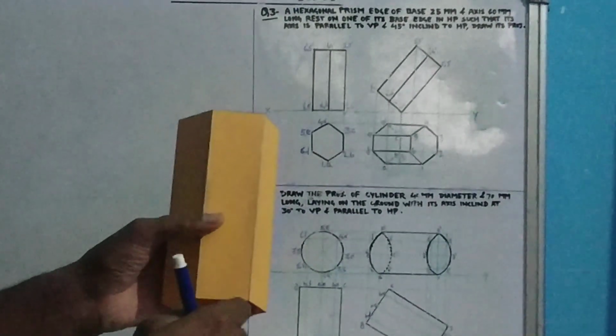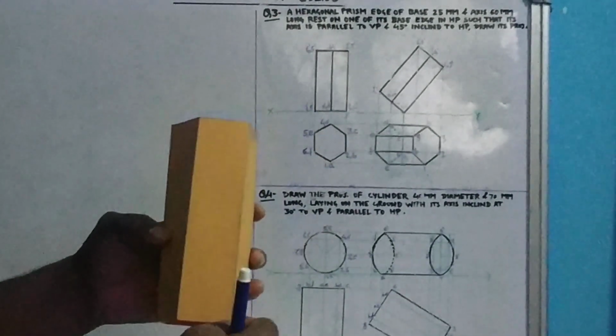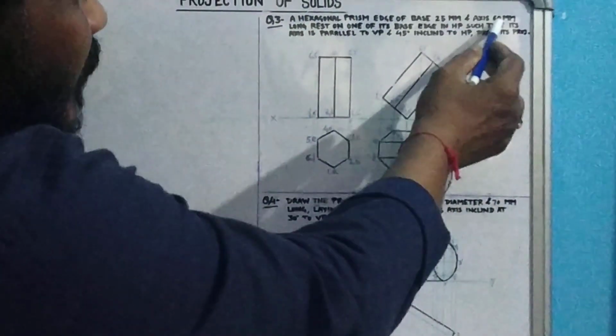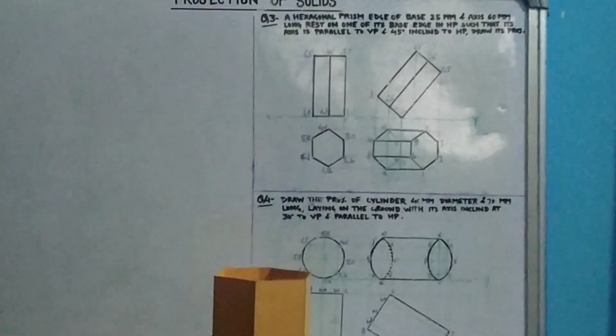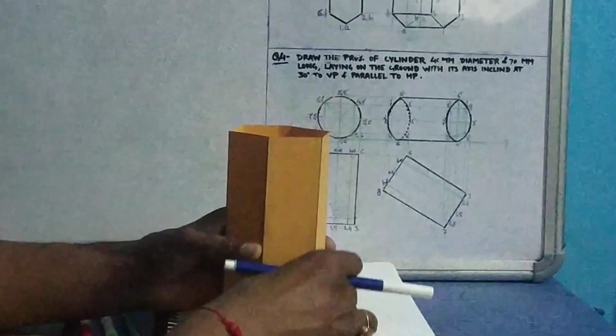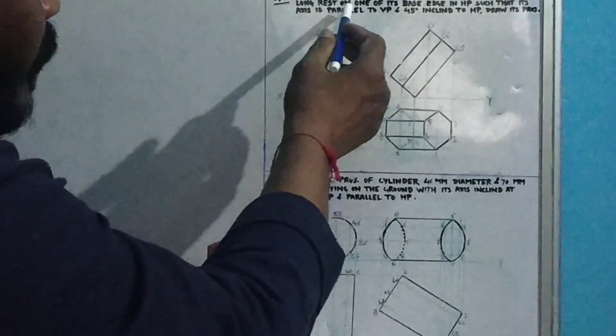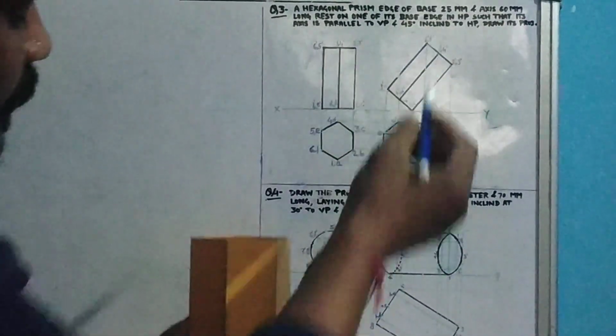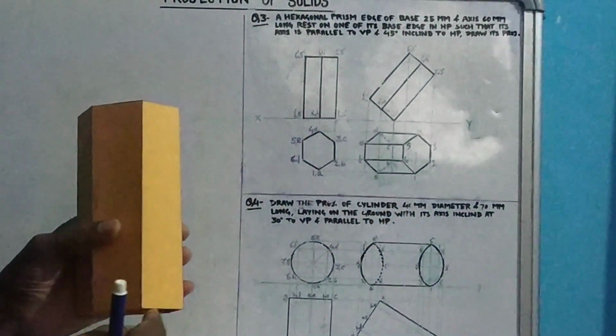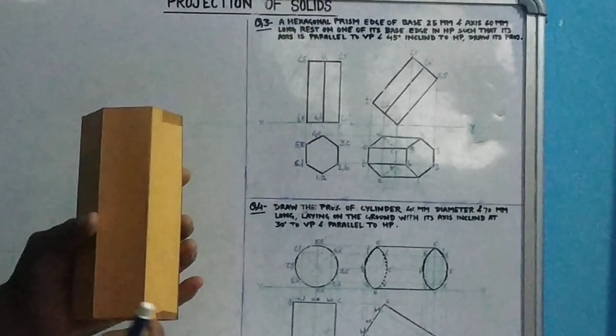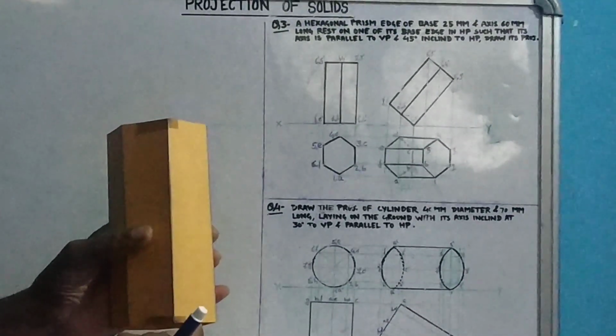The edge of the base is given as 25 mm, 25 mm, 25 mm. And the axis is 60 mm long, meaning the axis length or height is 60 mm. It rests on one of its base edges. This is its base edge, this is its base edge.